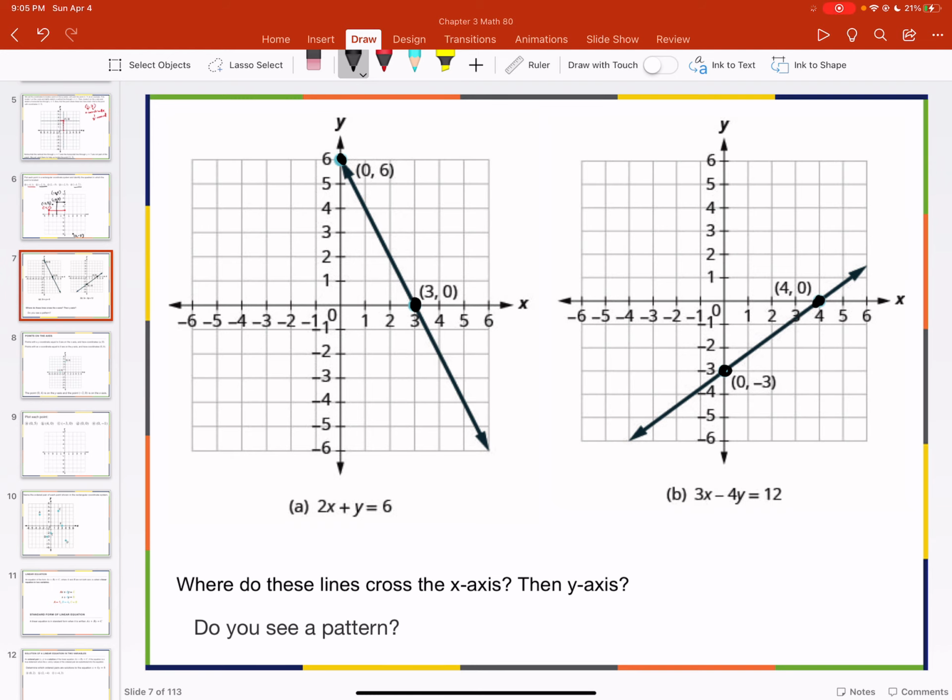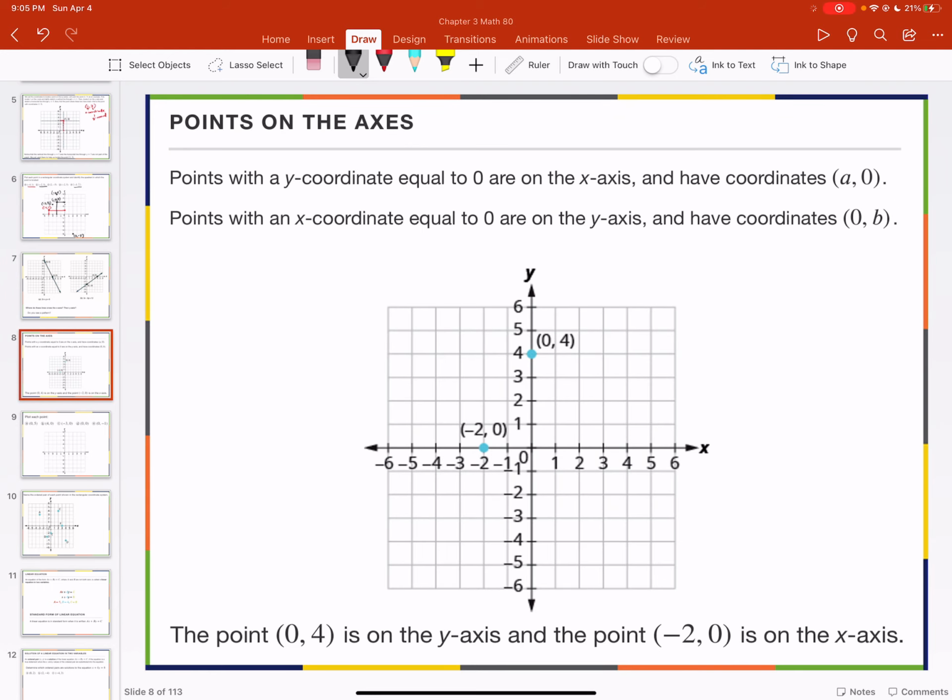So that leads us to think, well, what about in general? What are points on the x and the y-axis? They're also called intercepts. Points with a y-coordinate equal to 0 are on the x-axis. So let's see here, x is -2 and y is equal to 0.